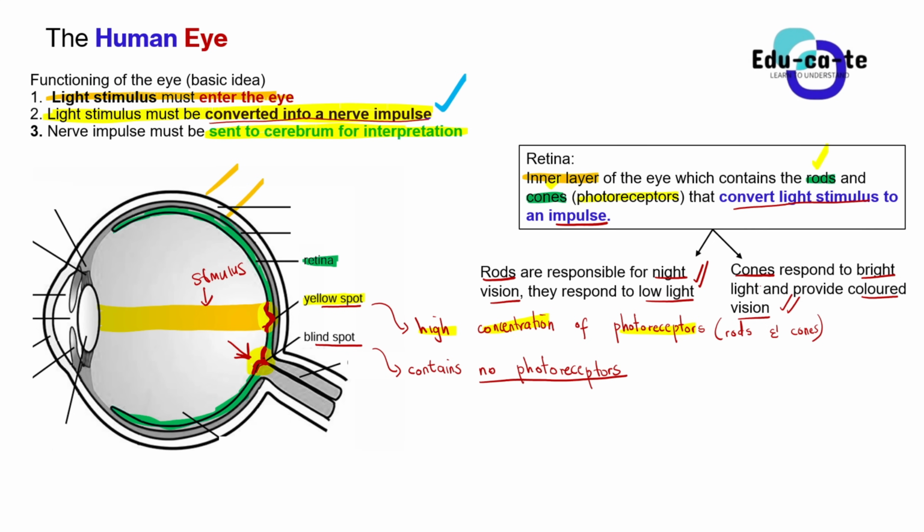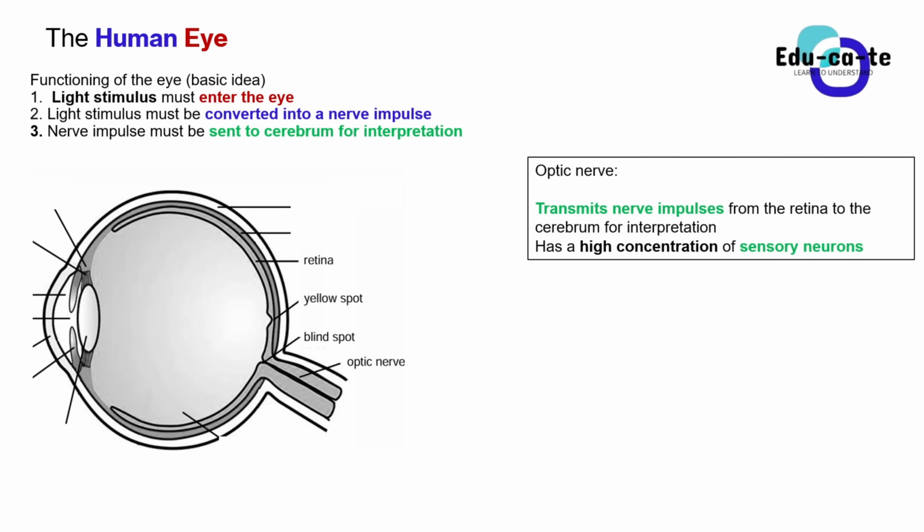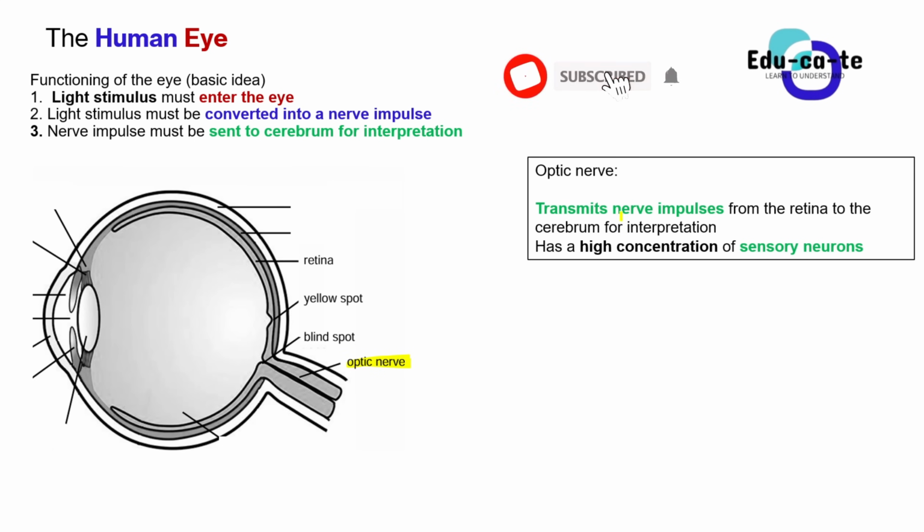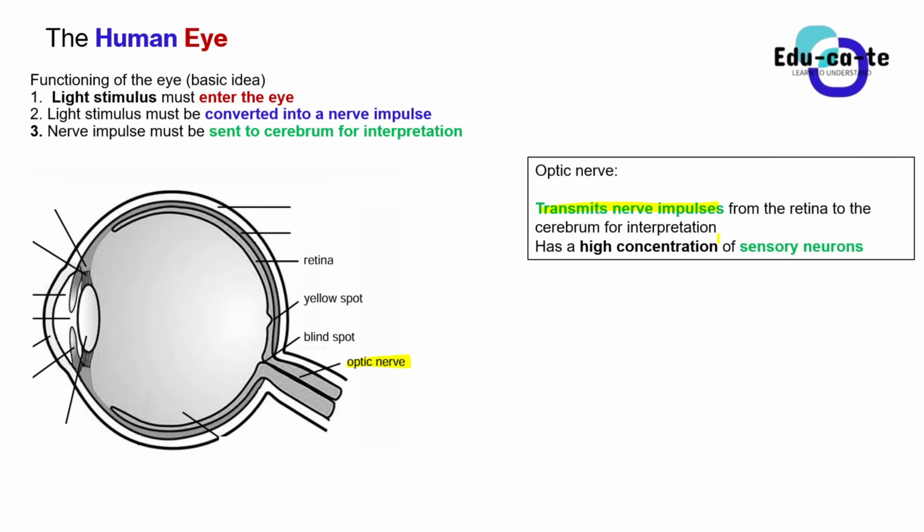So what parts are involved in doing that? We have this part, which is the optic nerve. The optic nerve is the part involved with function 3, which is to transmit nerve impulses from the retina to the cerebrum for interpretation.